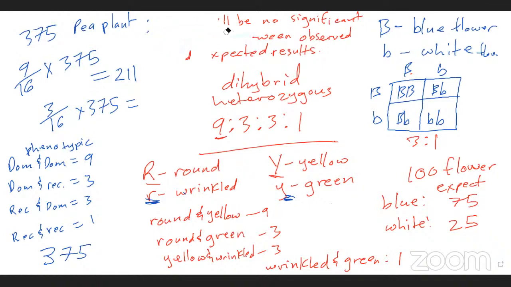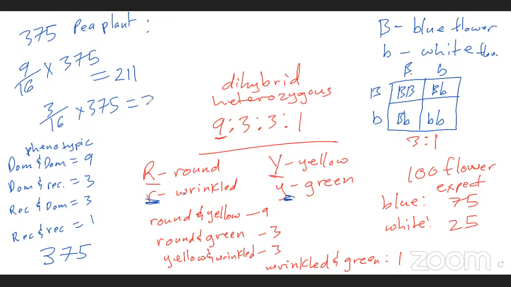And it would be the same for the other one. So this will get 211, 70, 70. That would mean this one is how much? 23. All right, so this is what we expect.